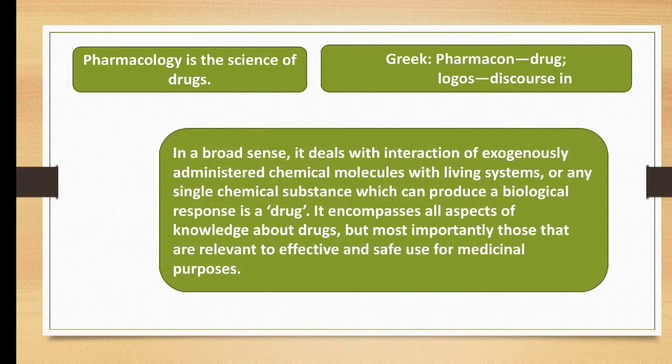So in a broad sense, it deals with the interaction of exogenously administered chemical molecules with living systems, or any single chemical substance which can produce a biological response as a drug. It encompasses all aspects of knowledge about drugs, but most importantly those that are relevant to effective and safe use for medical purpose. Okay, so this is pharmacology.